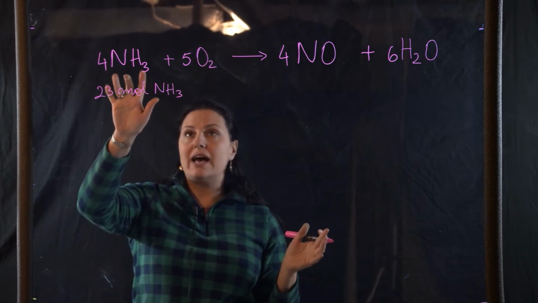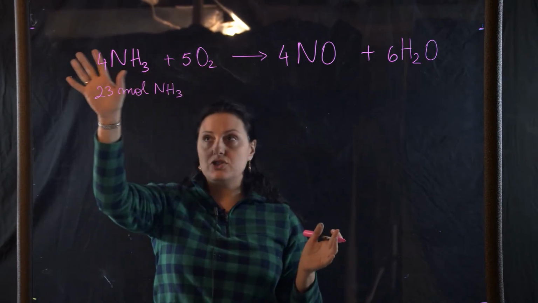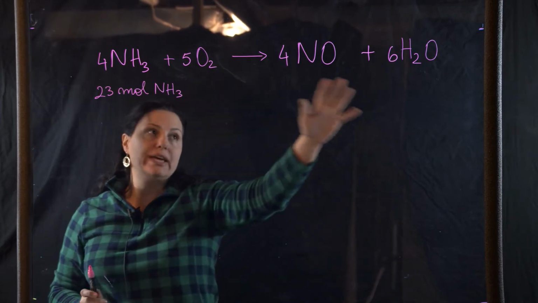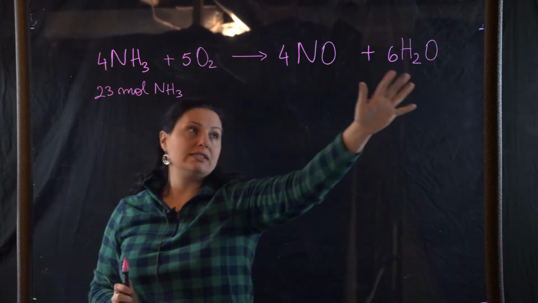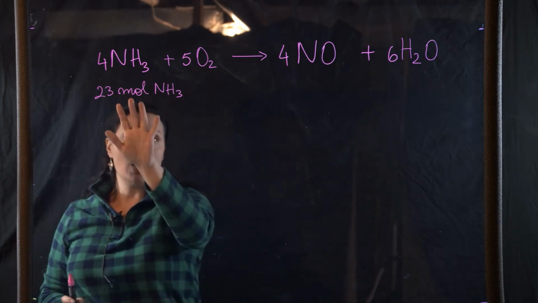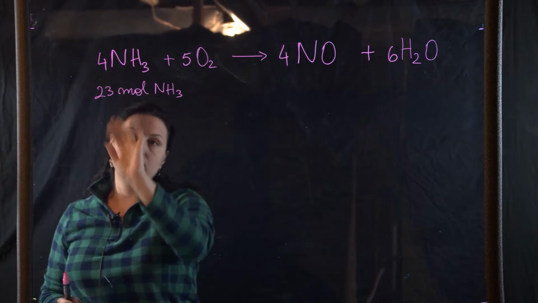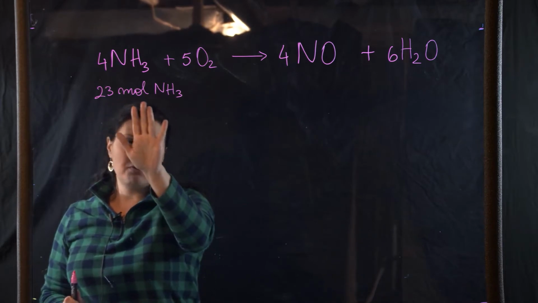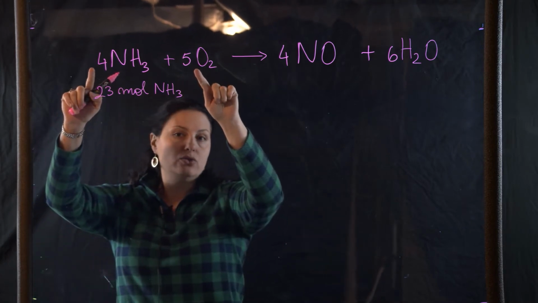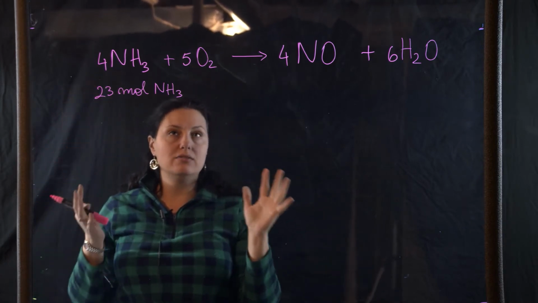I can use the molar coefficients in this chemical reaction to calculate an amount of moles of any of these other substances. But be careful, you always start with the amount that you're given. I'm given 23 moles of ammonia, and now I can use the molar ratio as a conversion factor.